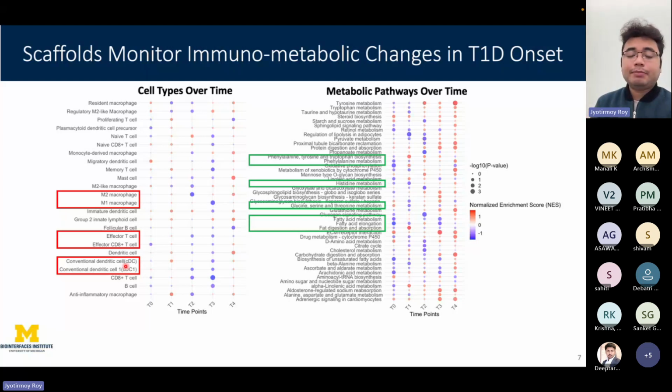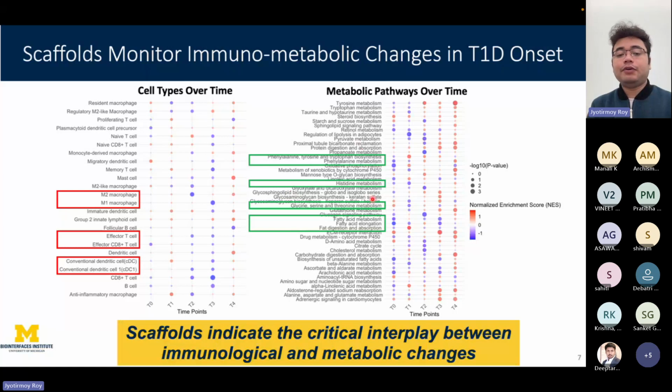And this was interesting because when we looked at the literature, all these pathways which were changing were also related to immune cell rewiring. So currently we think that these pathways are changing because these immune cells are themselves undergoing rewiring during the onset of type 1 diabetes. And when they undergo rewiring, they change their metabolic pathways from OXPHOS to TCA glycolysis. And as a result, these dysregulated pathways are showing up during the onset of type 1 diabetes.